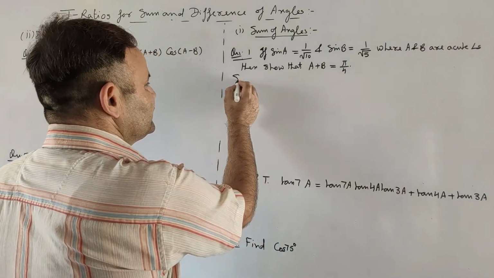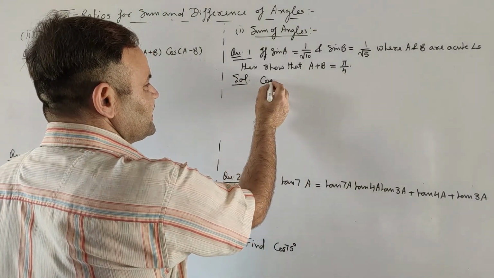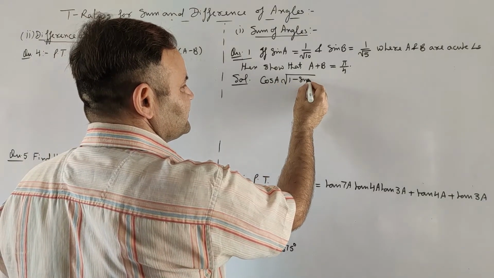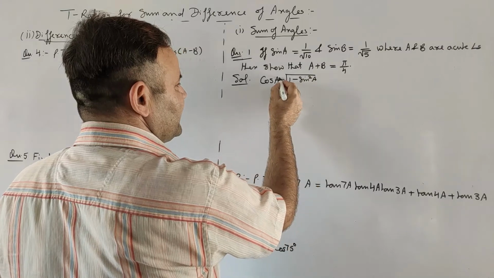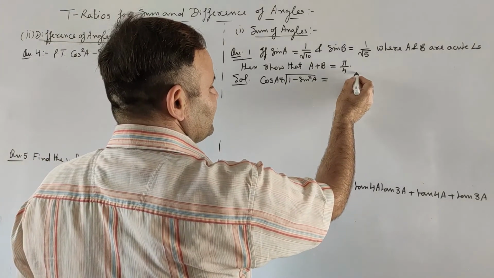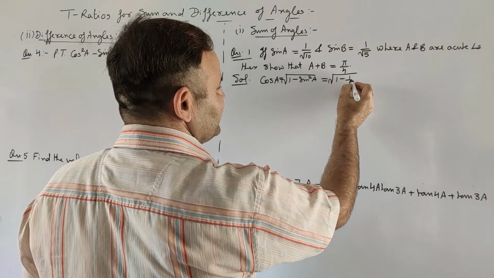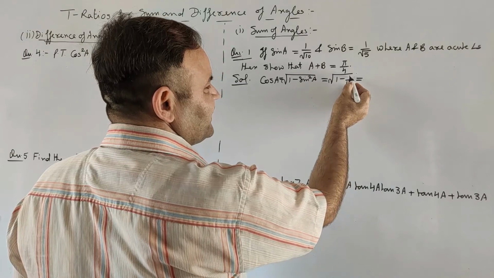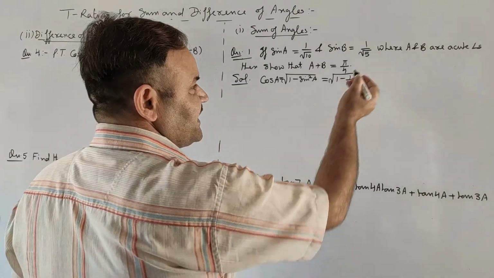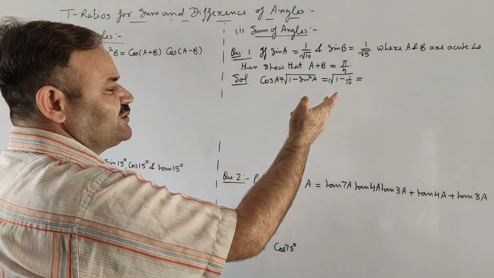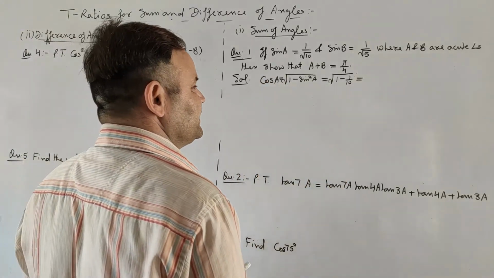And we know that cos A is equal to under root 1 minus sin square A. And if cos A is under root 1 minus sin square A, it will become under root 1 minus 1 by 10. And this will be 10 minus 1, 9 by 10. And since angles A and B are acute angles, so cos A and cos B both will be positive.